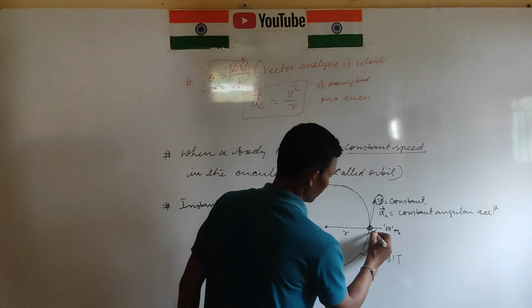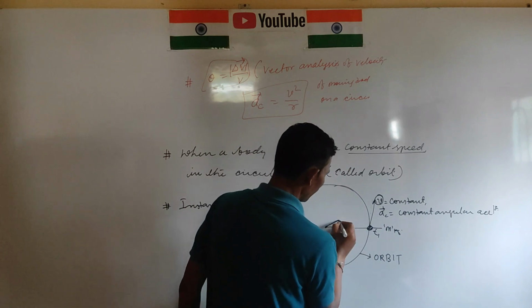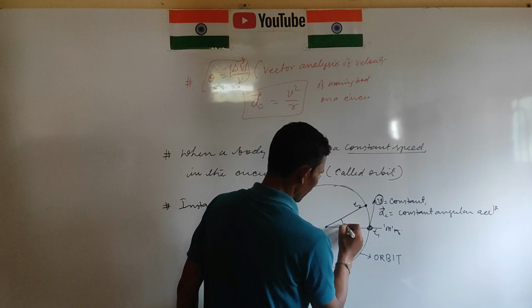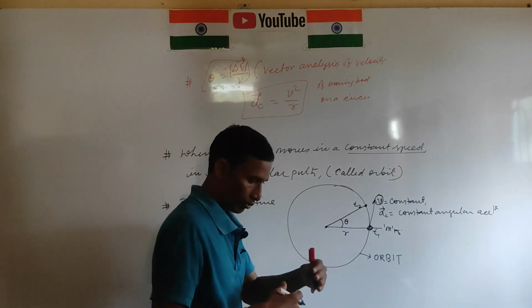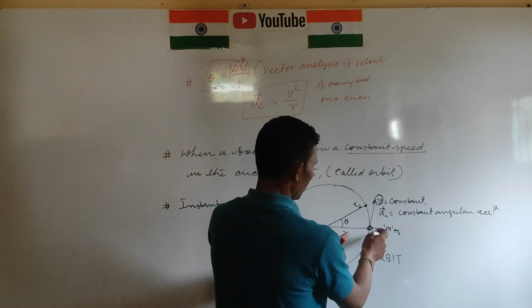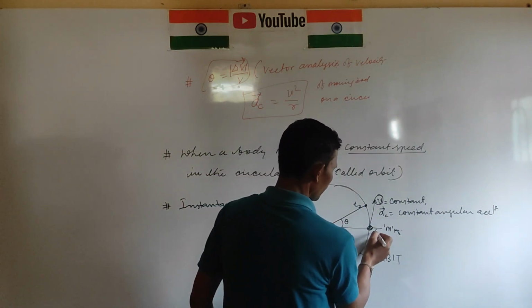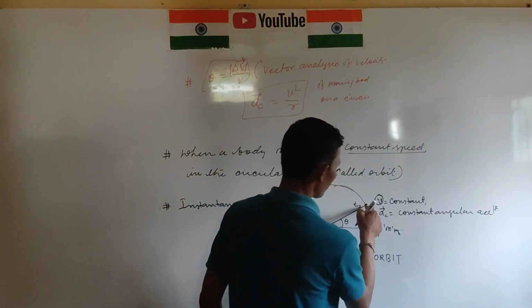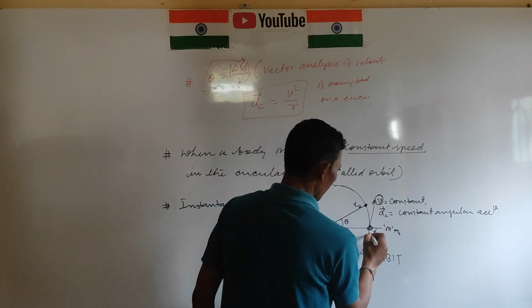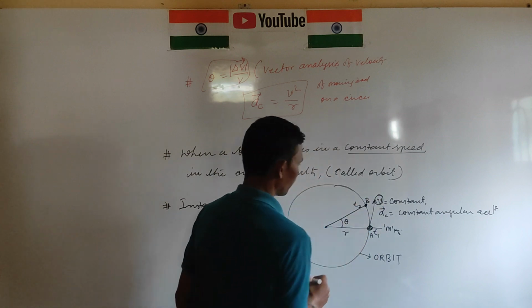Here is t1, and after an instant, here is t2. Then it makes an angle theta, a change in angular position after t seconds, from the initial to the final, suppose the body reaches from A to B.